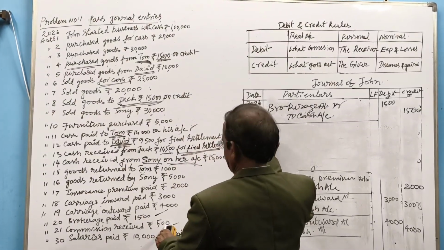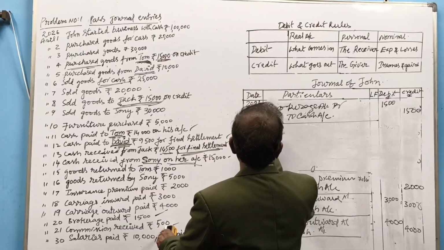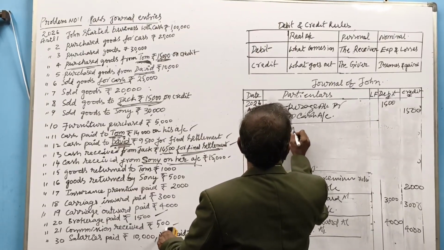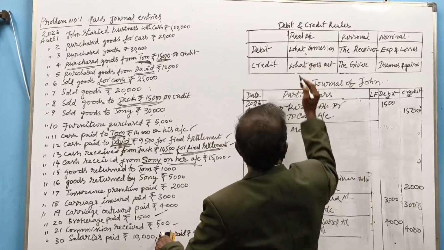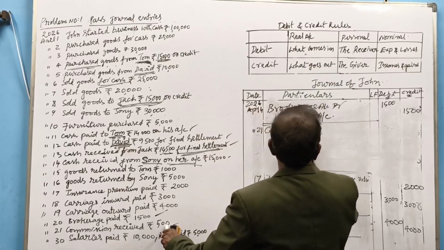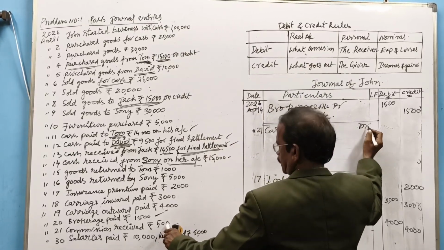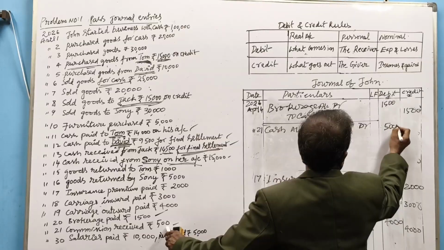We are assuming that we are receiving commission in the form of cash. So cash account debit according to this rule. What comes in? Debit. Cash account debit. How much? 500.